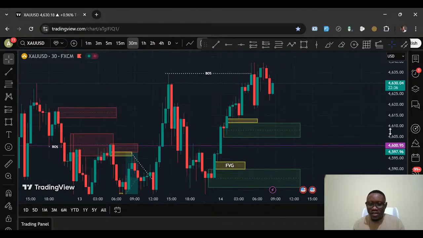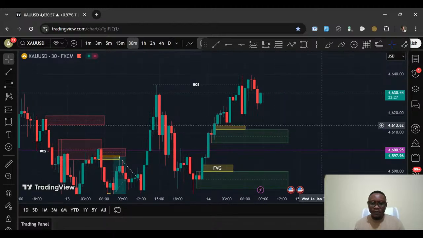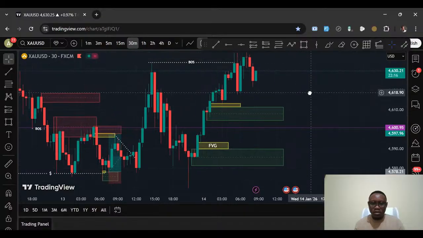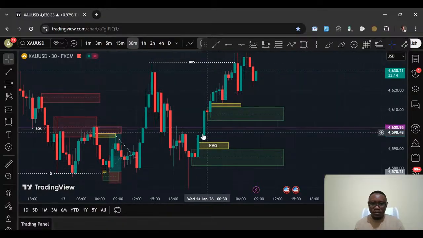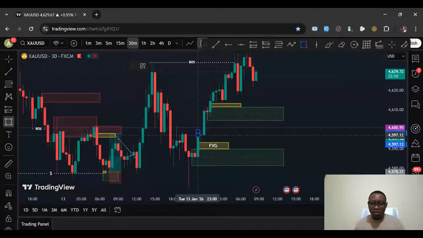So price is yet to mitigate this order block. So I think we have an opportunity here. This again has already been mitigated. We missed it. Let's see. This guy, this. So this is also an order block zone.